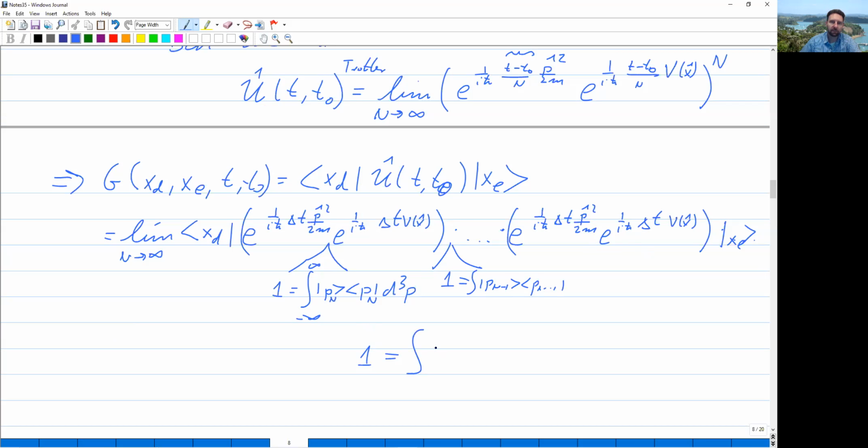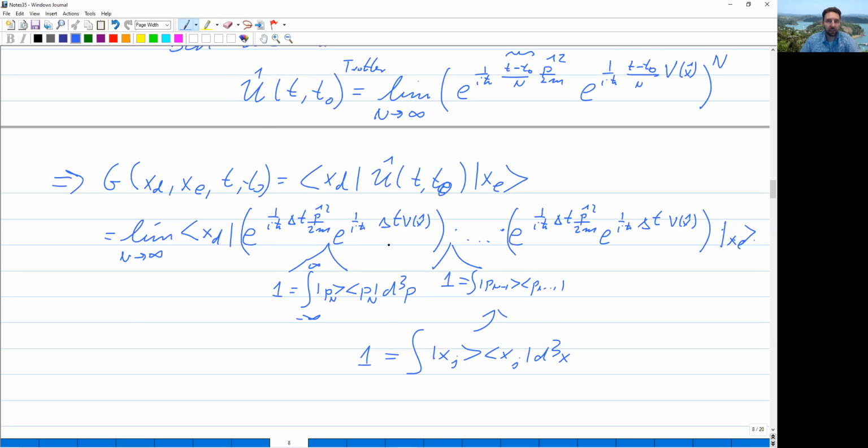We write down a resolution of the identity in the x's as well. xn, d3x, and this also goes in here. Or let me write here xi, xj. Okay. So what you see here is this is an operator that contains the momentum operator.